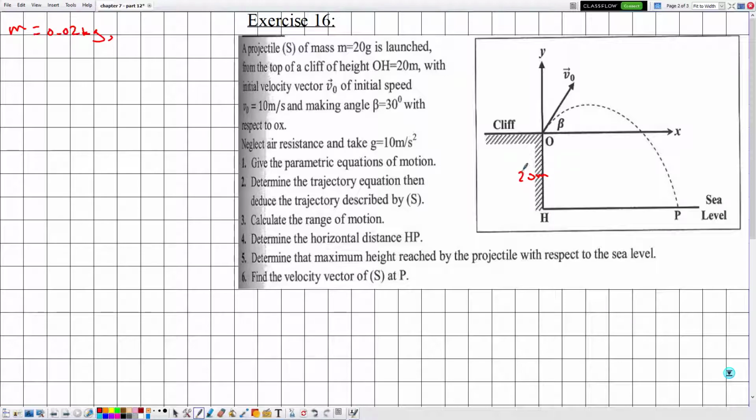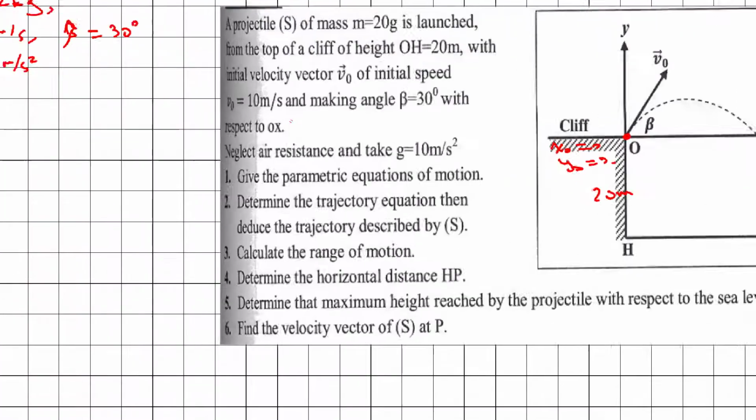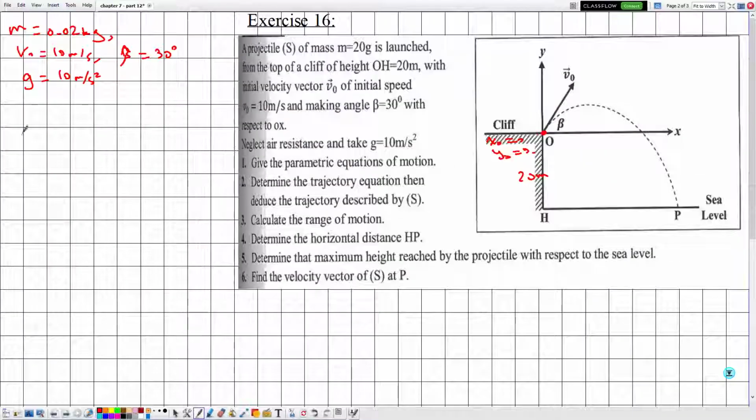With initial velocity vector v0 of initial speed v0 is equal to 10 meters per second, making an angle beta. So beta is the shooting angle, which is given by 30 degrees with respect to OX. So this is the origin O. In this case, x0 is equal to 0 and y0 is equal to 0, which is the simplest case of the projectile. Take g is equal to 10 meters per second square, which means that this experiment is being performed on the surface of Earth, and as expected, we are neglecting the resistance.